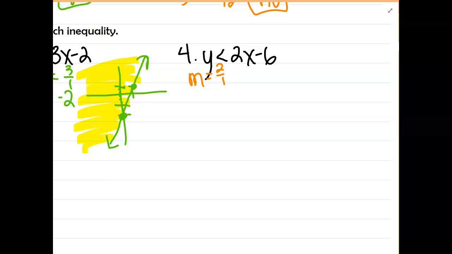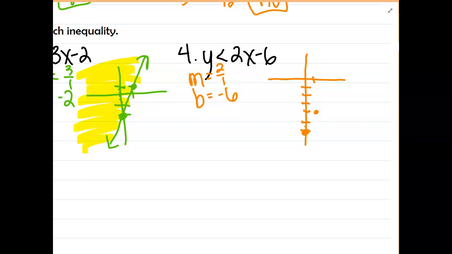Great, I love the 2/1. That's awesome. What's the y-intercept? -6. Very good. So we're going to start all the way down here, -6. 1, 2, 3, 4, 5, 6, and we're going to put a point. From there, my slope is 2/1. So make sure you rise 2 and make sure you run that 1.